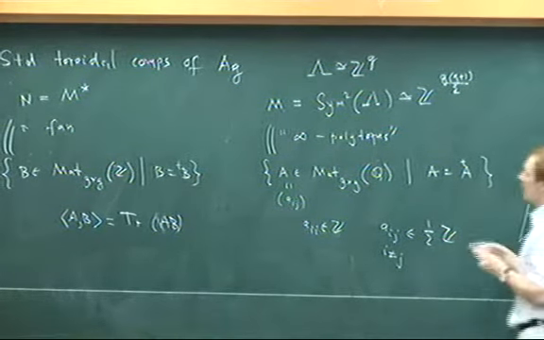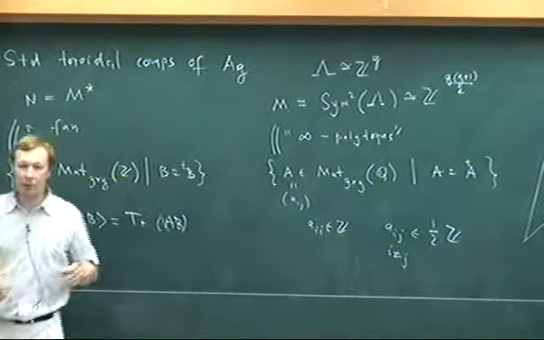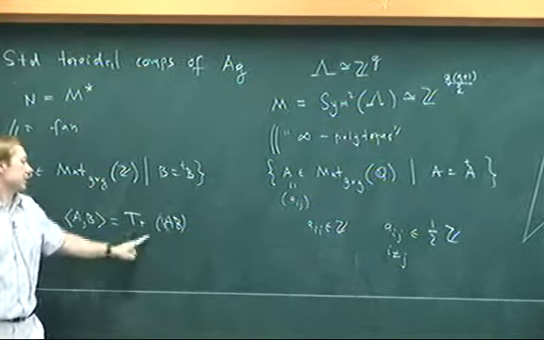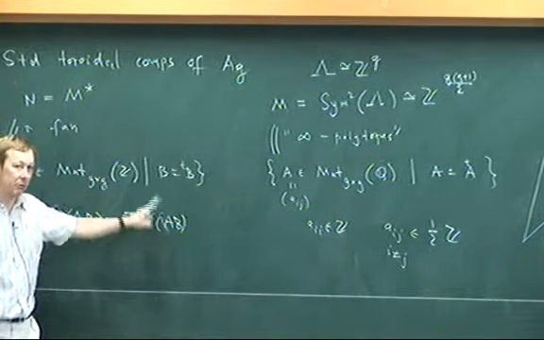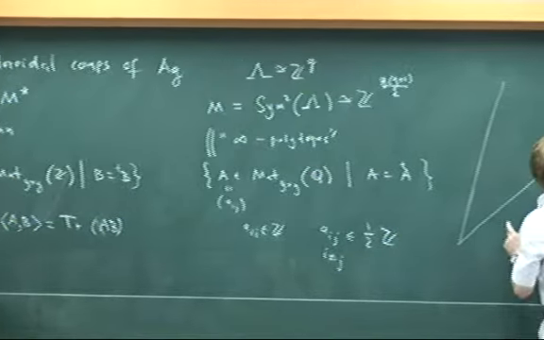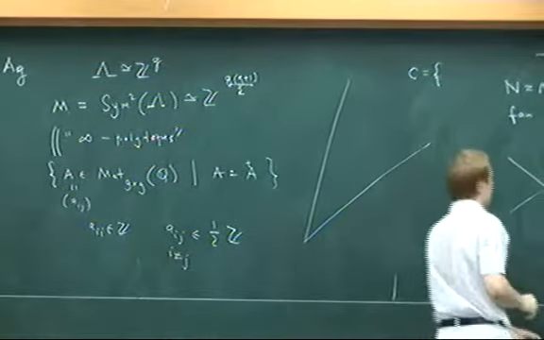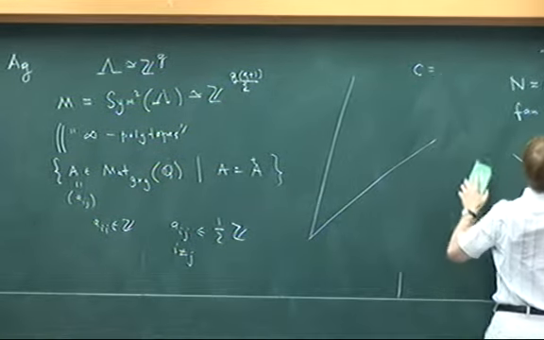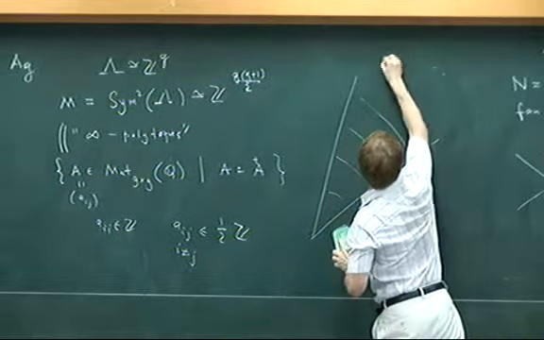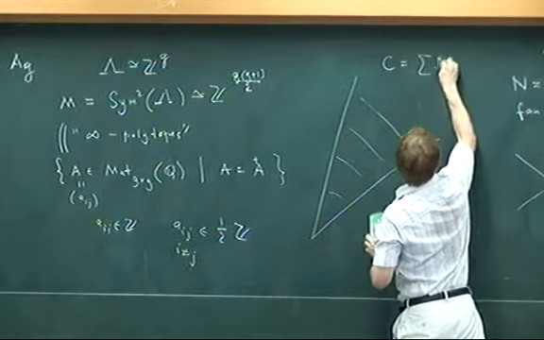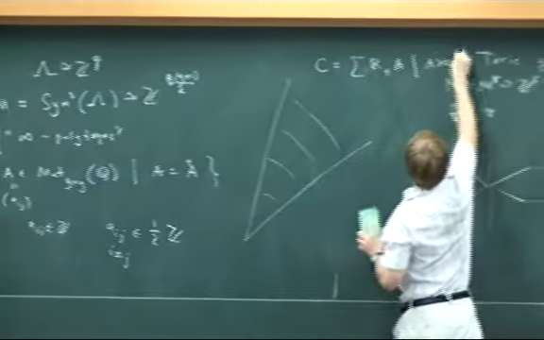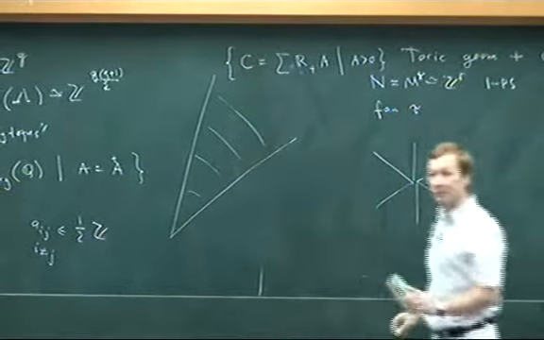Now, if we look at this over R, then we have the same two spaces here. And this is the positive definite quadratic form on that space. And there is a cone C. This is the cone of positive definite quadratic forms.